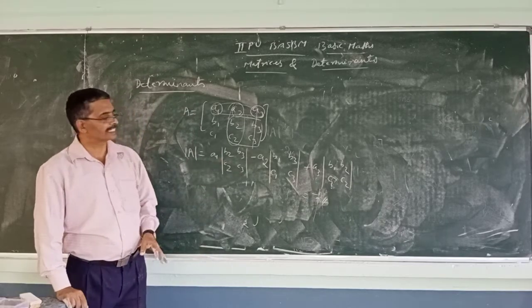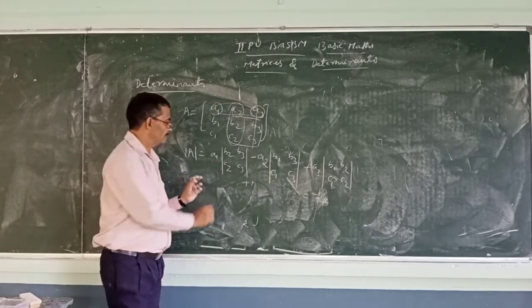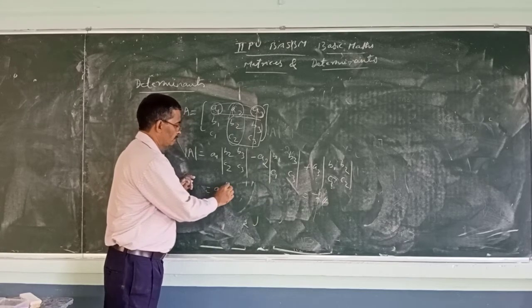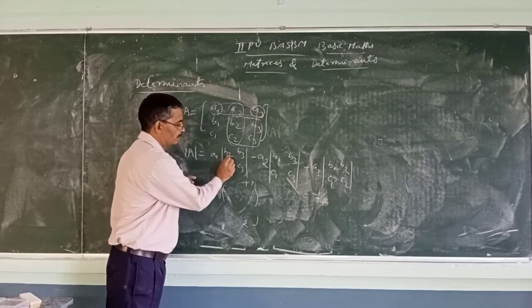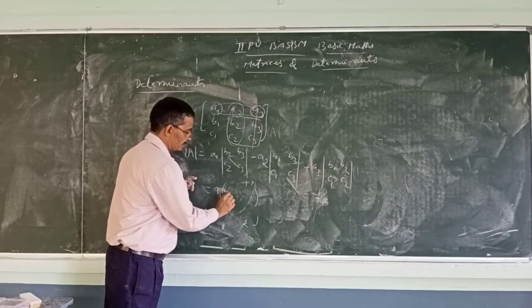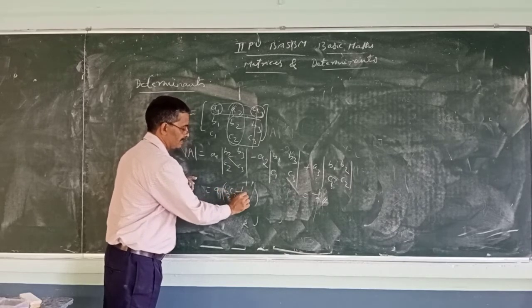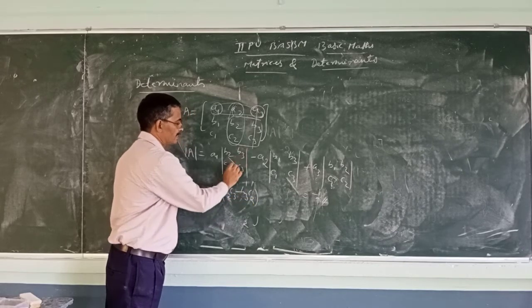Now you expand as it is. A1 into, you know the expansion, B2 C3 minus B3 C2, like this.